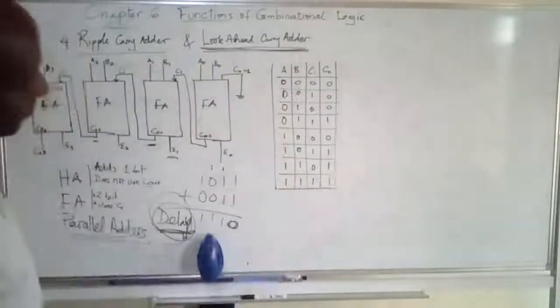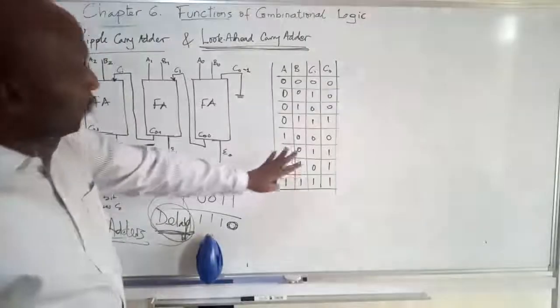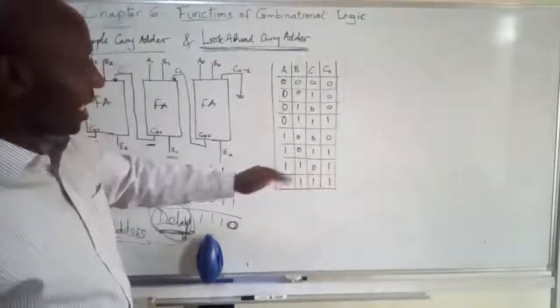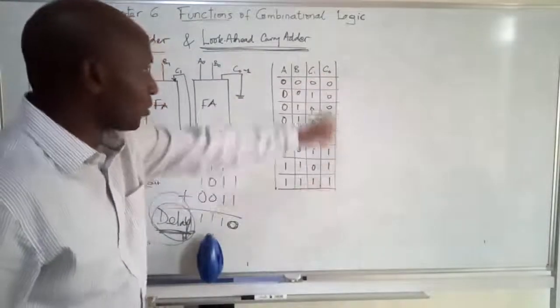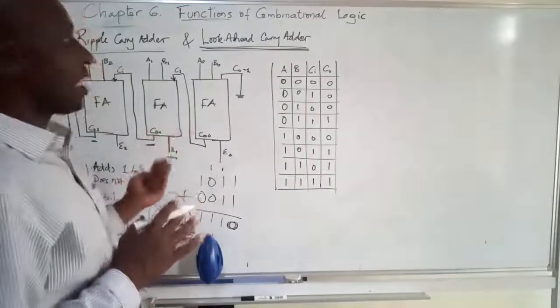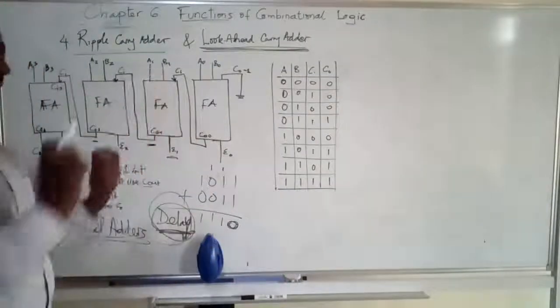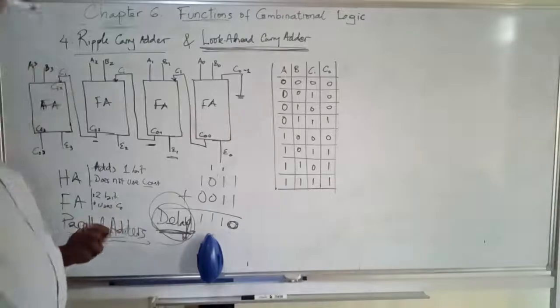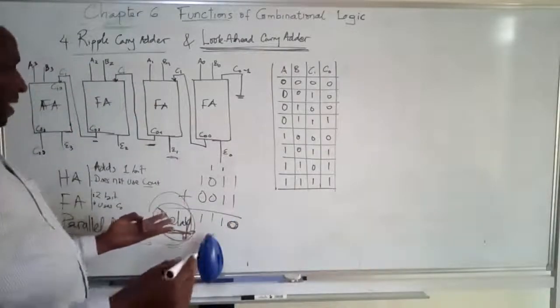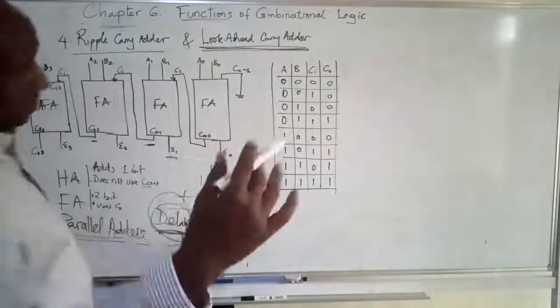Coming back to our full adder truth table, I just show the output because we are interested in the carry out. How can we generate a carry out without delay, without using the summation? So we will see.